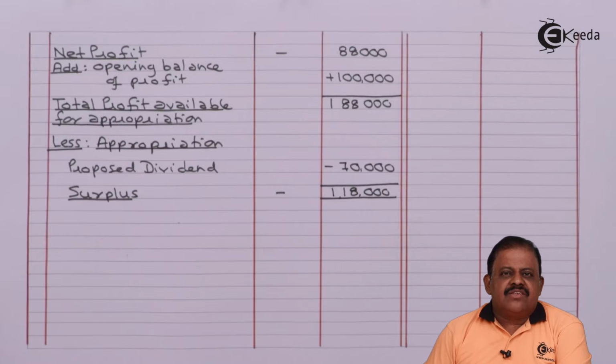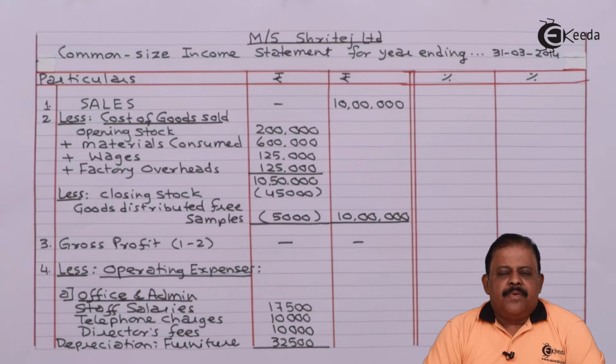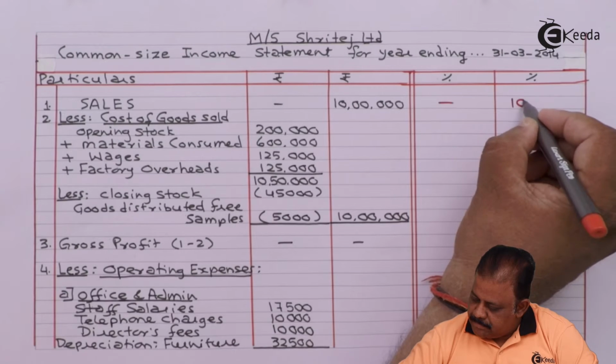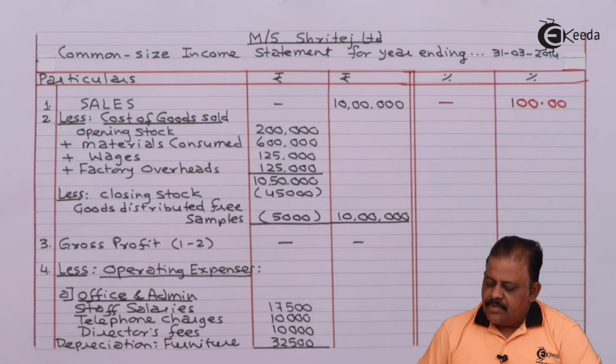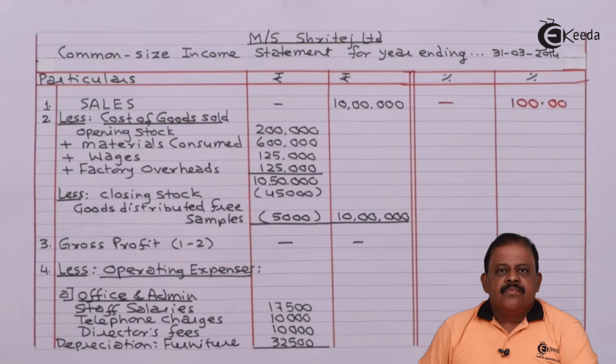We have arranged income statement in vertical format. Let us prepare common size income statement. For preparing common size income statement, sales amount we are required to take as base by assuming it as rupees 100. Sales actual amount is 10 lakhs.